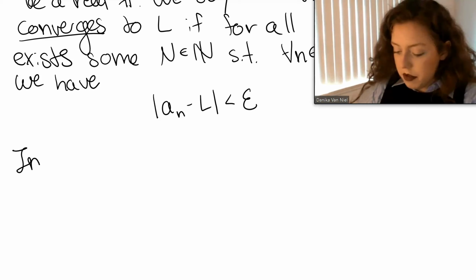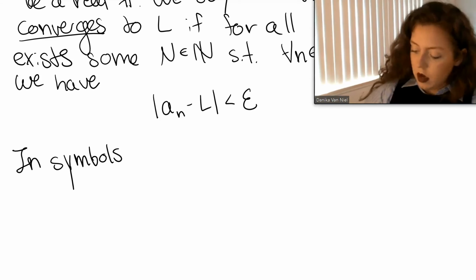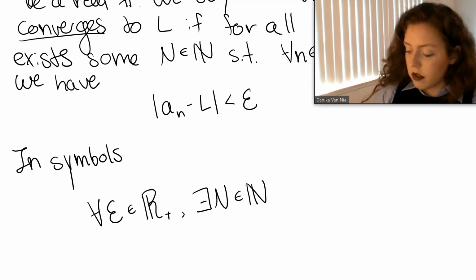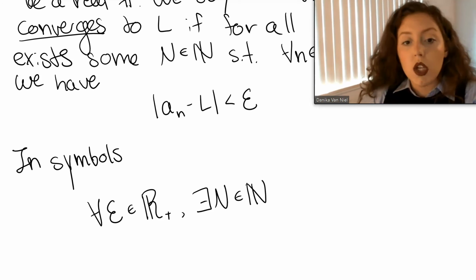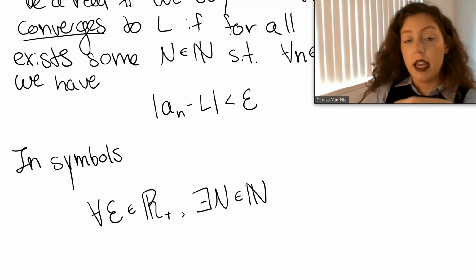So in symbols, we have for all epsilon in the positive reals, there exists some capital N in the naturals. Okay? So for each epsilon, there corresponds a capital N. These capital N's could be different based on who epsilon is.